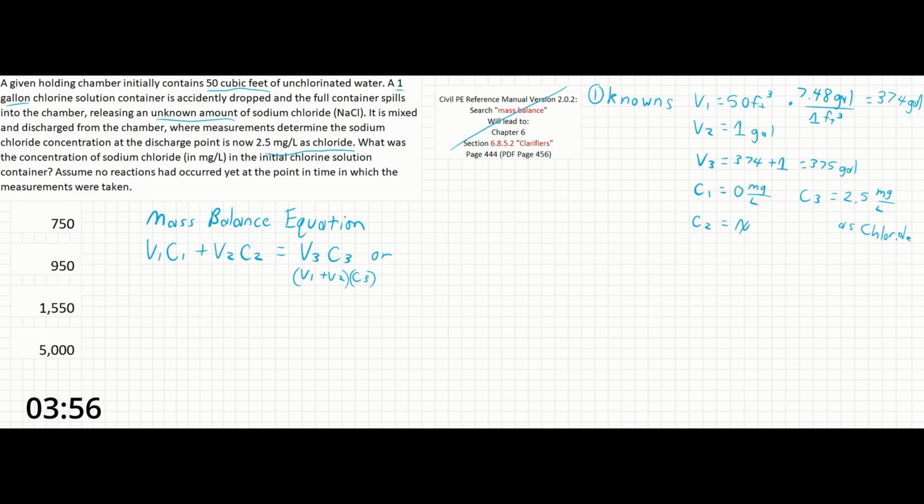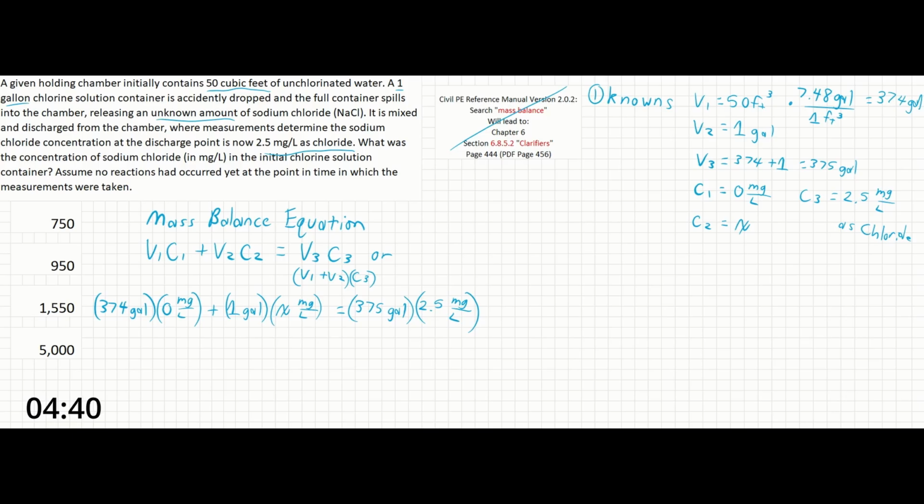So we can say 374 gallons times 0 milligrams per liter plus 1 gallon times an unknown amount of our concentration equals 375 gallons, or the sum of V1 and V2, times 2.5 milligrams per liter as chloride.